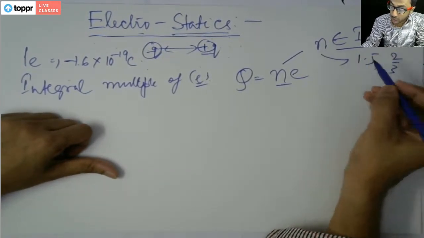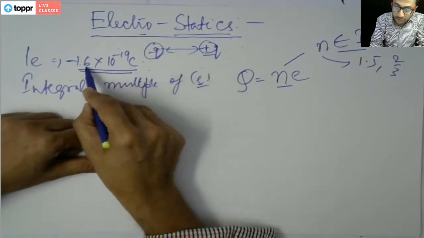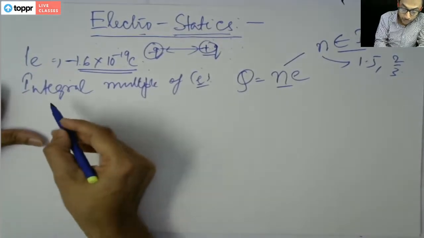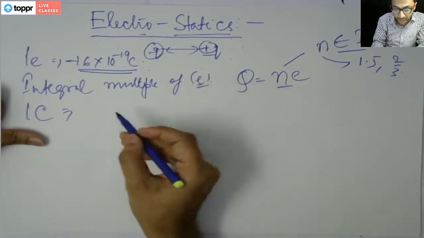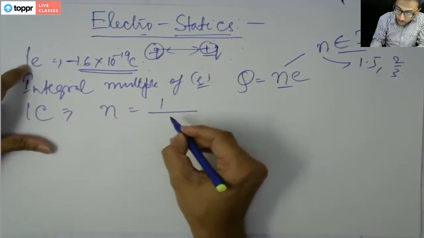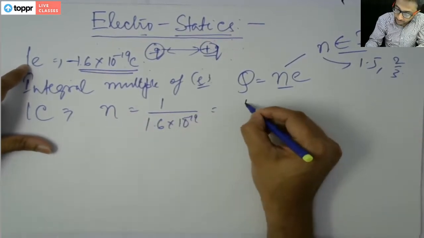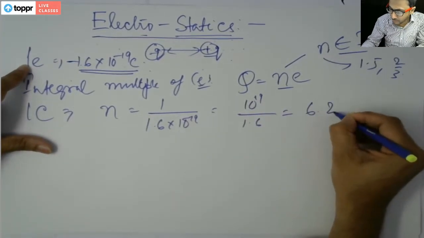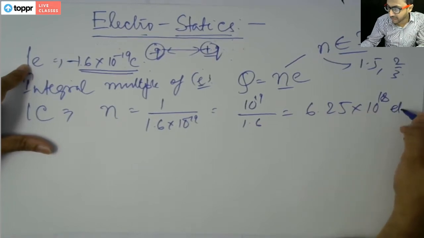So we cannot have a charge like 2 by 3 of an electron. Now for 1 coulomb of charge, the number of electrons will be 1 by 1.6 times 10 to the power minus 19. If you calculate, it will be about 6.25 times 10 to the power 18 electrons.